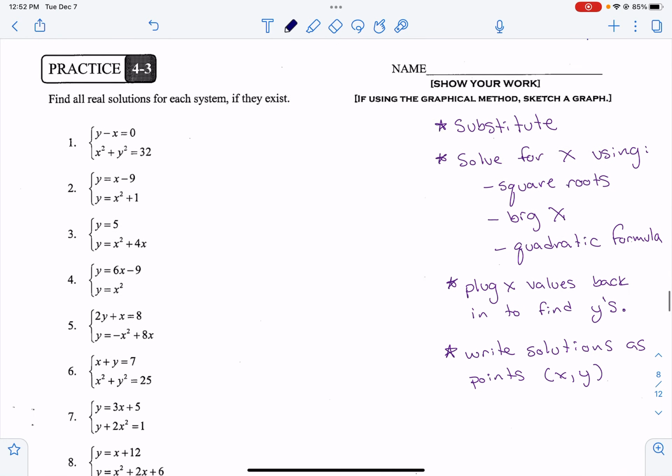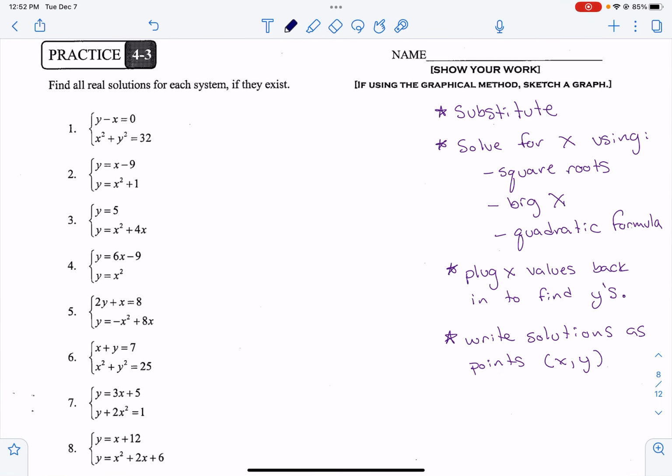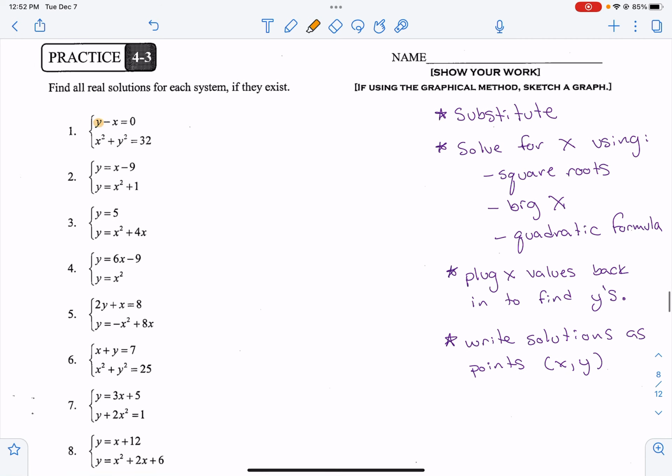Okay, when you do the homework, when you do these practices, they all look a little bit different. Like number 1, y minus x equals 0. Well, I don't want y minus x, I want y by itself. So I have to take y minus x and I have to railroad track and add x to both sides.